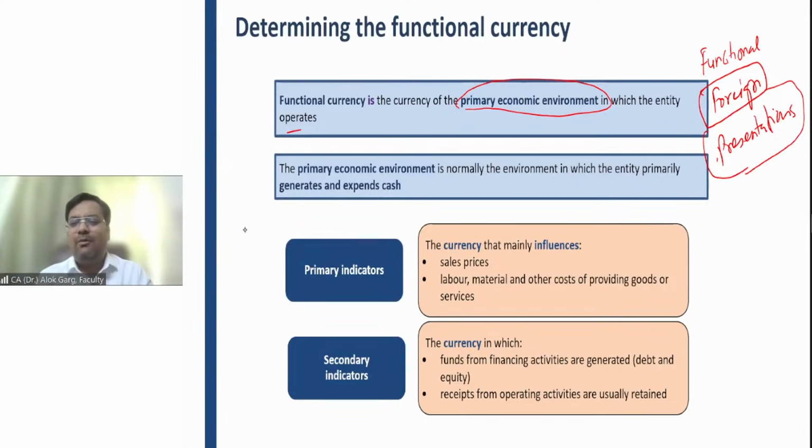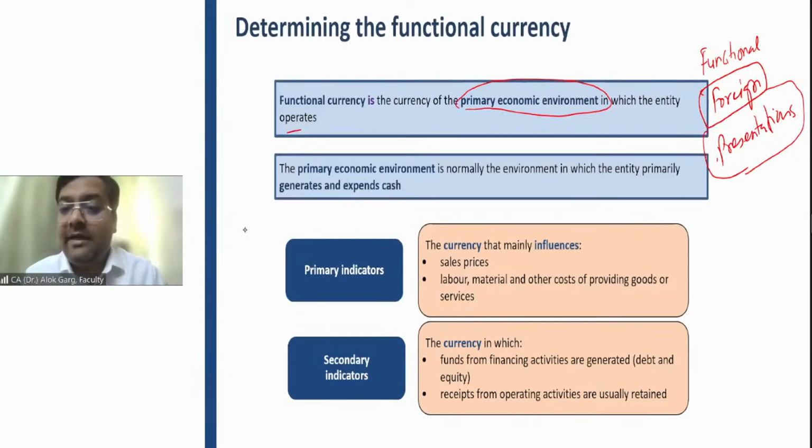This entity is hardly bothered about the Indian system. Doesn't matter what the price will be in India. They will be bothered about the US environment, because their primary operations are in USA. So if their primary business is in USA, then why should the functional currency not be US dollar? I think it's very logical, right?